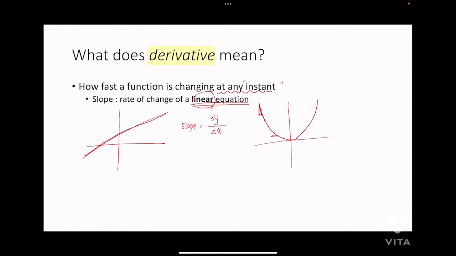For a larger amount of change in x, the change in y is smaller. So this means that the rate of change at the points here is higher, is faster than the rate of change in here. So we want to use the derivatives to calculate the instant rate of change at each point.